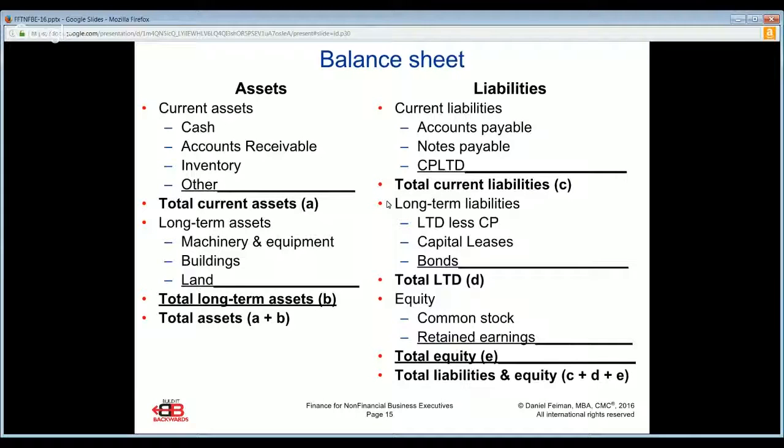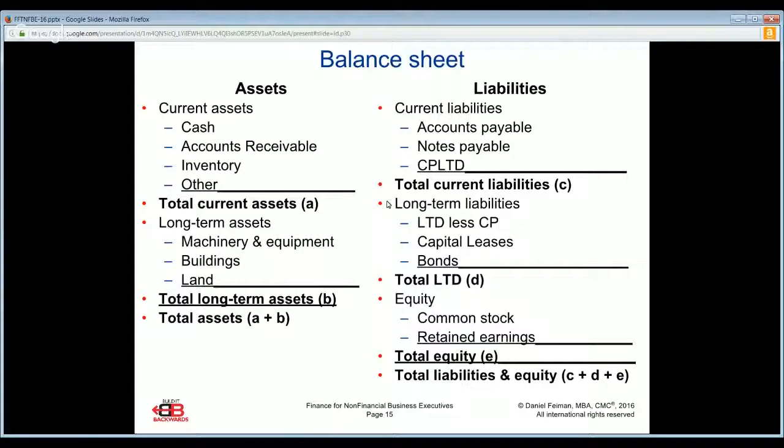It's a way to look below, look at the long-term debt. So this could be a mortgage or the financing of a major piece of equipment over multiple years, less CP, less the current portion. So if we owe $5 million over the next 10 years, we're going to pay $500,000 per year.